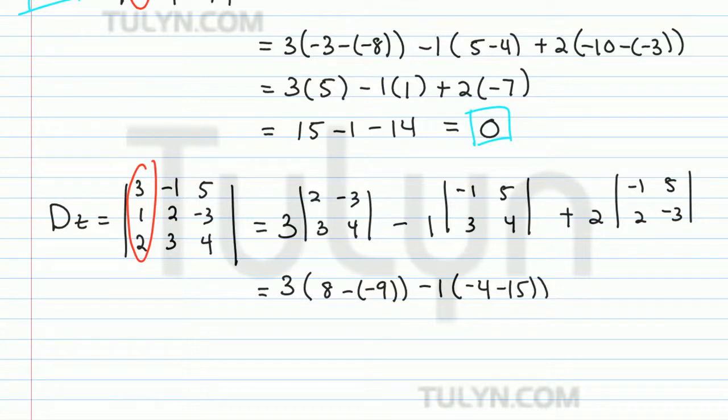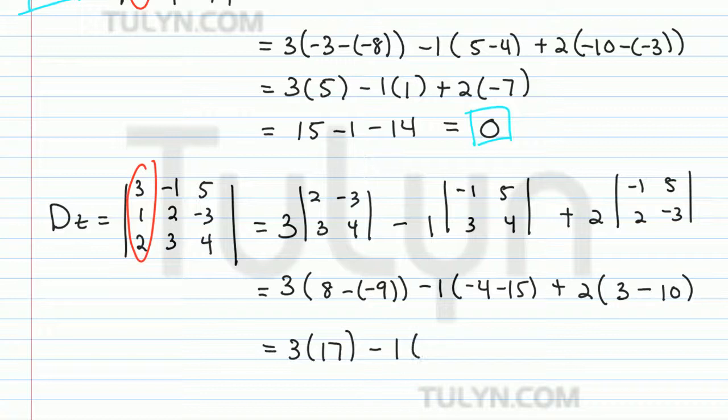There's an extra parentheses I didn't quite need. And then finally 2 times 3 minus 10. So simplifying is 3 times 8 plus 9, which is 17, minus 1 times negative 4 minus 15, which is negative 19, and then finally 2 times 3 minus 10, which is negative 7.